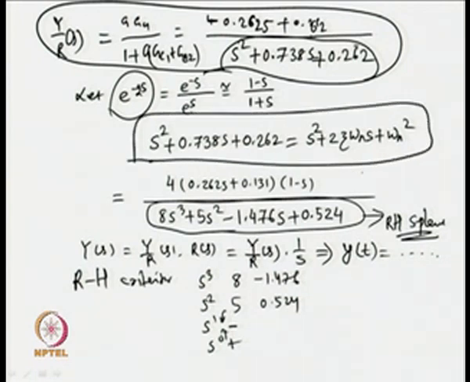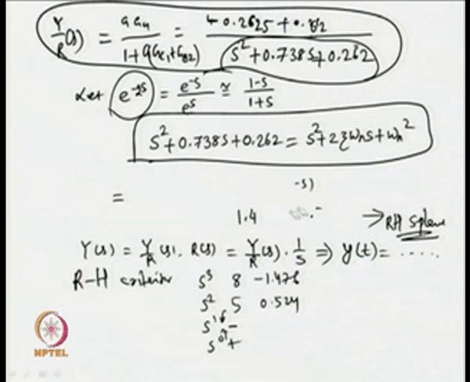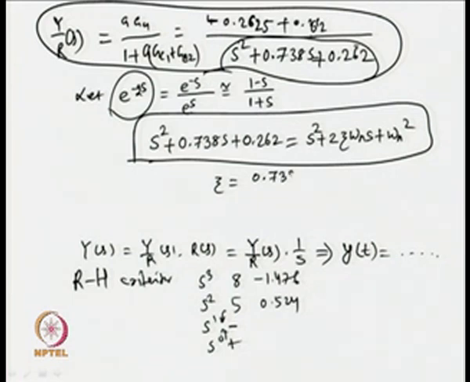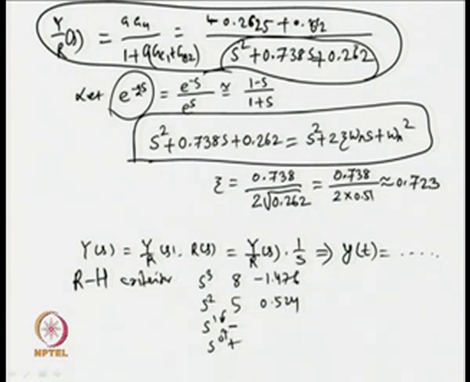then I get xi, which is known as the damping ratio, xi equal to 0.738 upon 2 times root of 0.262, which can be written as 0.738 upon 2 times 0.51 approximately, which can approximately be written as 0.723 ultimately.